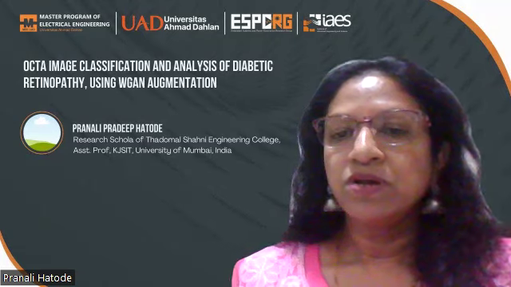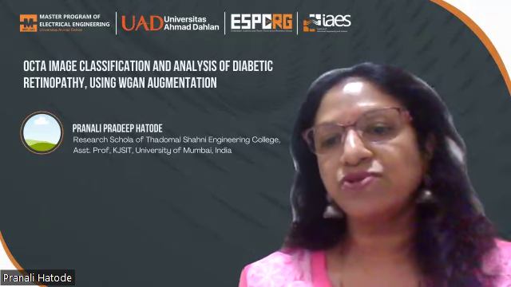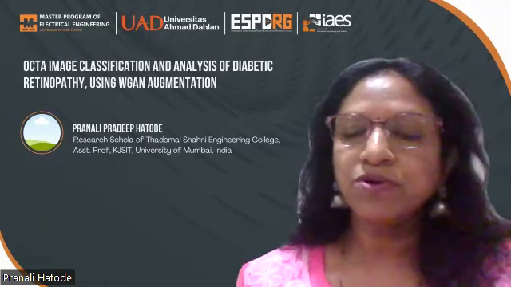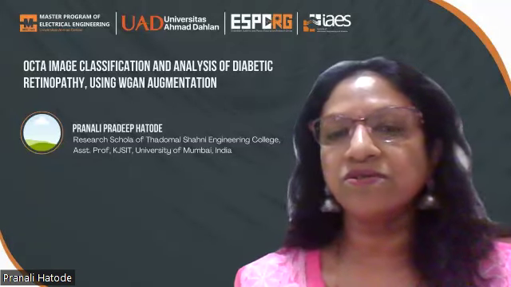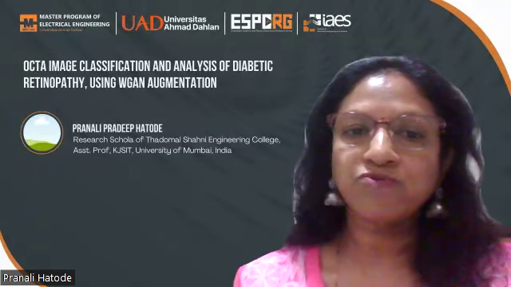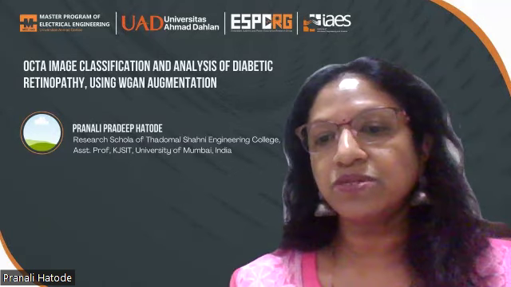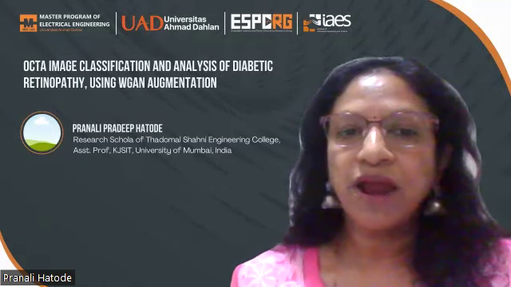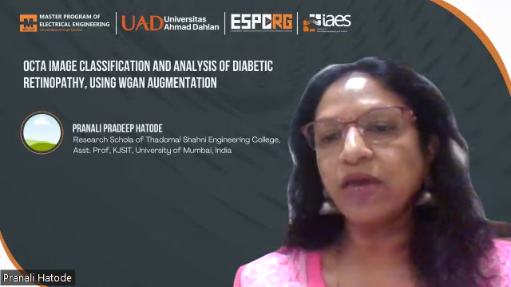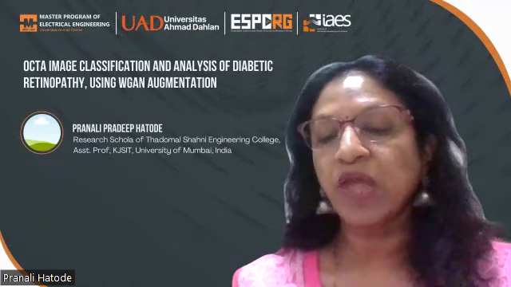So let us understand how the WGAN architecture is built. Basically, the WGAN architecture is built with two blocks: one is the generator and the other is the critic model. Both of them constitute convolutional neural networks. The generator adds some random noise and creates a fake image based on the real images, which is given to the critic.